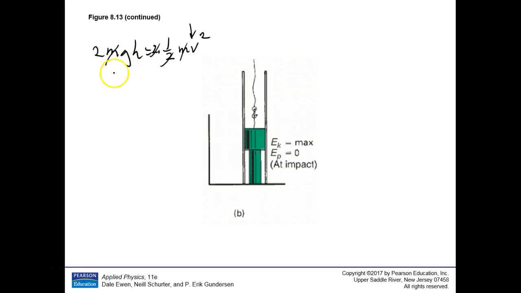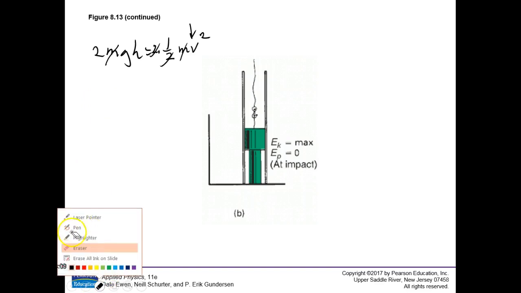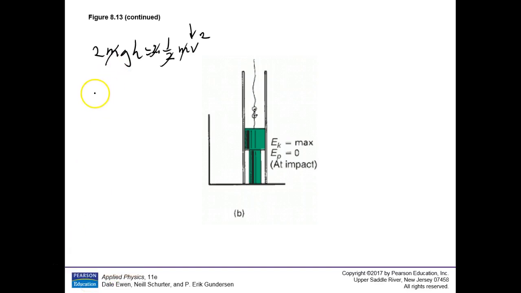And then we take the square root of both sides. I'm going to switch sides at the same time. v is equal to the square root of 2gh. And that's the next formula you have there. Your velocity at the bottom, right as it hits, is the square root of 2gh.